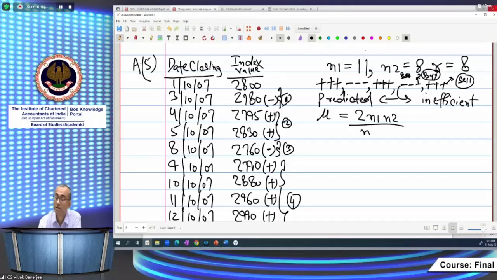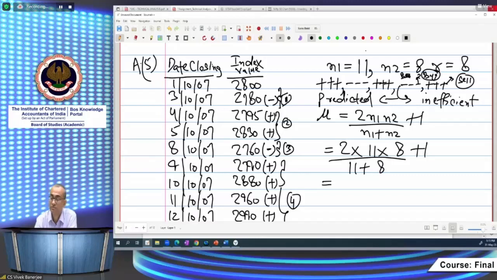divided by n1 plus n2, plus 1, is equal to 2 into n1, you have calculated 11, n2 you have calculated 8, divided by n1 plus n2, 11 plus 8, plus 1.